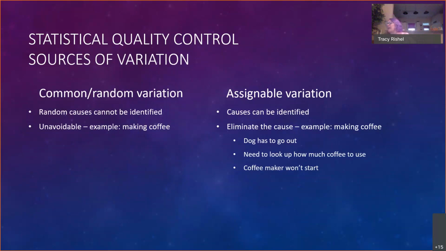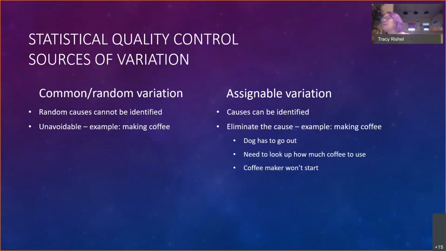Or maybe the coffee maker won't start. Well, that's a very obvious assignable cause. So what's our solution? Well, we probably go buy a new coffee maker. I don't see myself tearing my coffee maker apart to try to fix it, but that would be an assignable cause, and we want to eliminate that problem so it doesn't take us 2 days to make a pot of coffee.